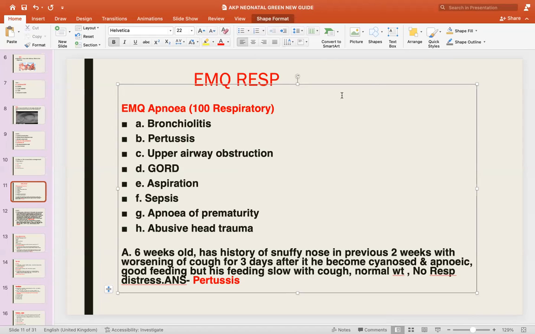He had good feeding, but his feeding is now becoming slow with cough. Baby has normal weight, no respiratory distress, but cough.